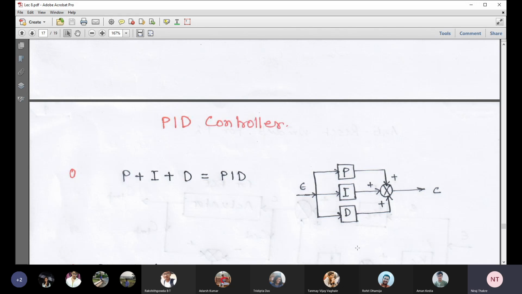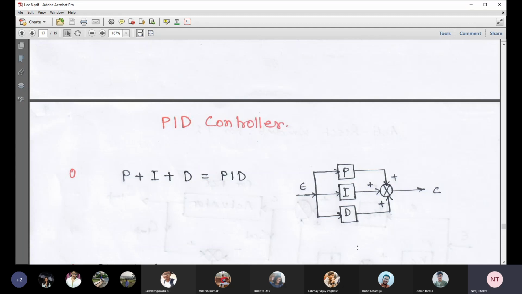It is basically the combination of three actions: proportional action, integral action, and derivative action. The block diagram is also shown on the right hand side. To each action, error signal is the input, and all three outputs are added, and finally we get the controller output C.